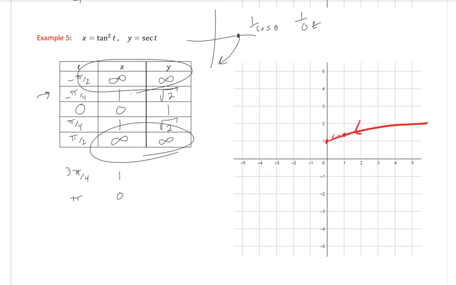So not that interesting. But for secant of 3 pi-fourths, that's in quadrant 2, and secant over there is negative, so that's going to give me negative root 2. Likewise, secant of pi is going to give me -1. So what I'm going to get here is 1, negative root 2, which is around there, and then 0, -1.